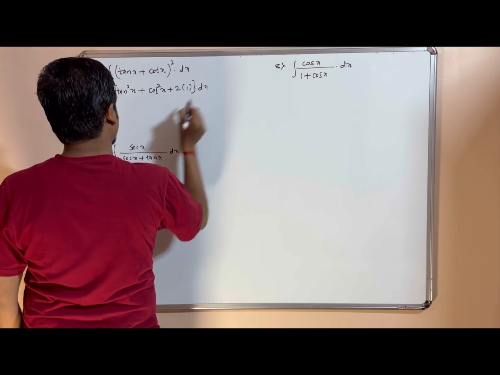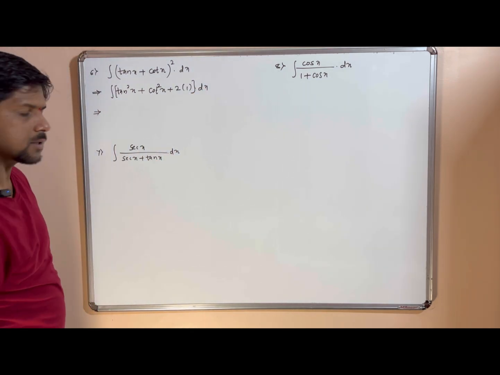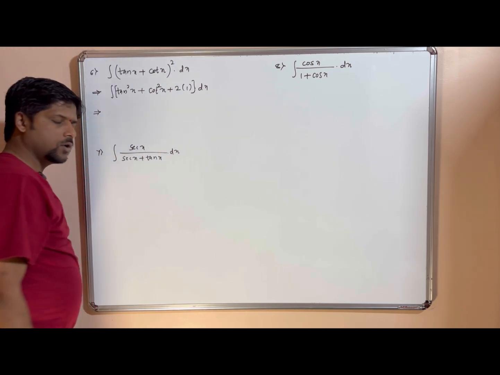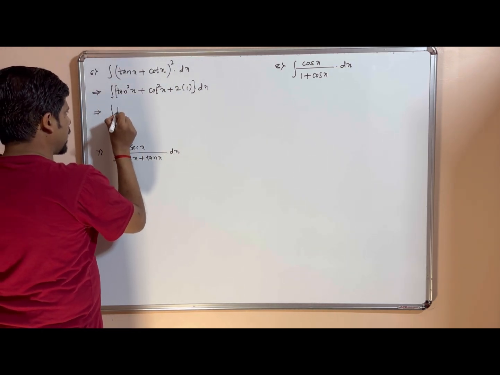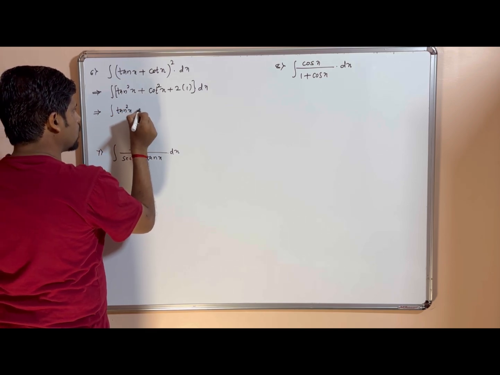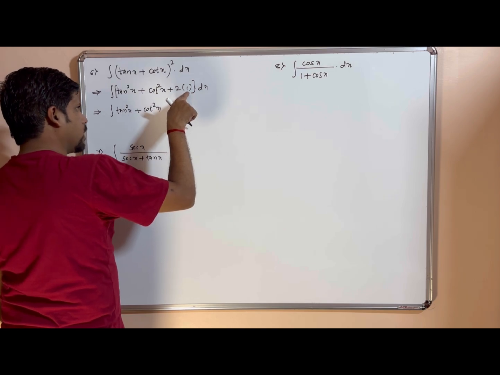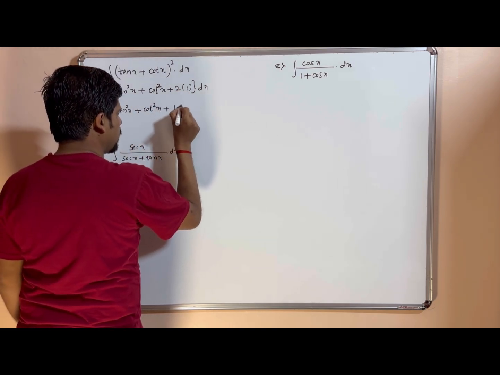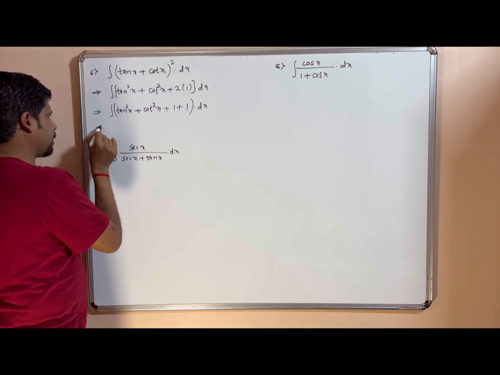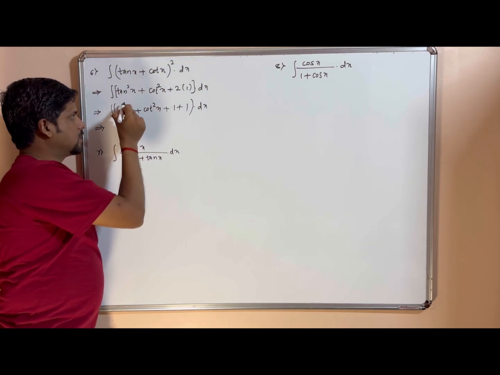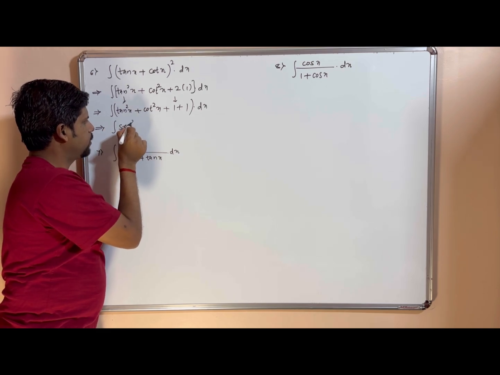into dx. We don't have the formula for integration of tan square x, and also for cot square x. So now simplify this one, tan square x plus cot square x. I will keep this 2 as it is. This 2 into 1 is 2. 2 can also be written as 1 plus 1, right? Into dx. And this can be written as tan square x, we know that tan square x plus 1 is sec square x, right?